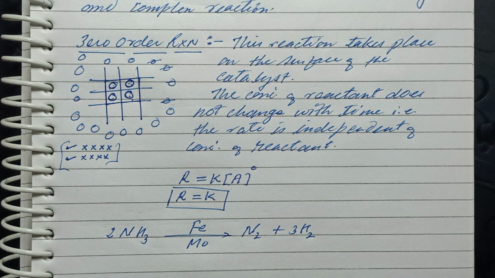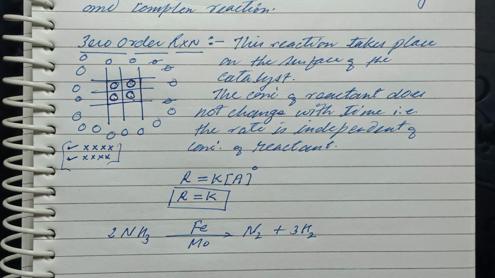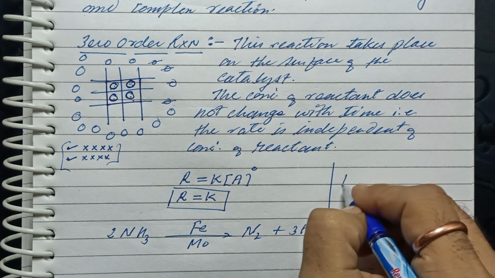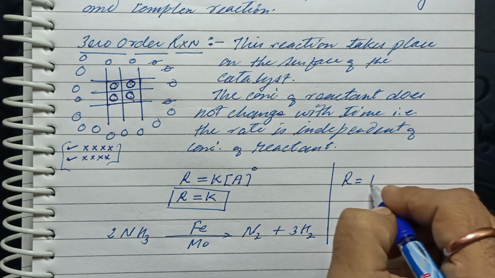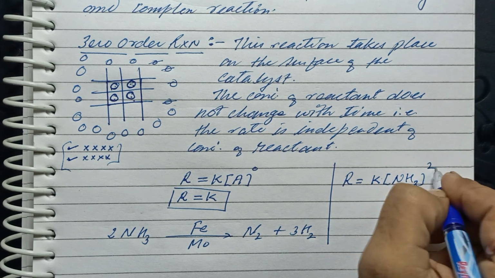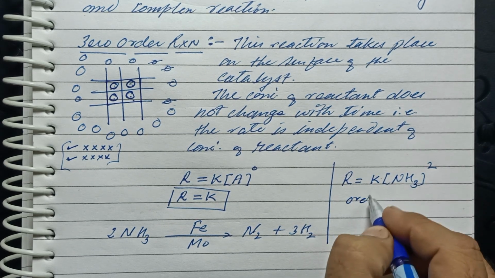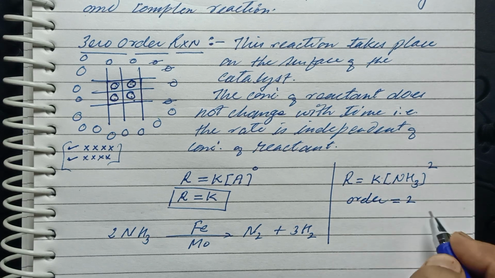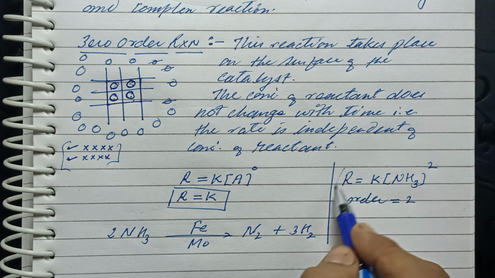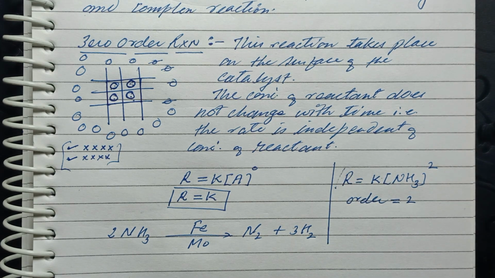But if we write the rate of this reaction from the balanced equation, it must be R is equal to K concentration of NH3 power 2. Therefore, order comes out to be 2. But it is a zero order reaction. Therefore, we do not write the rate law from the balanced chemical equation.